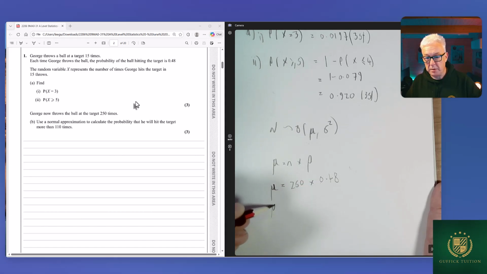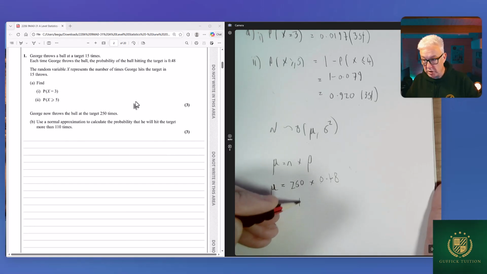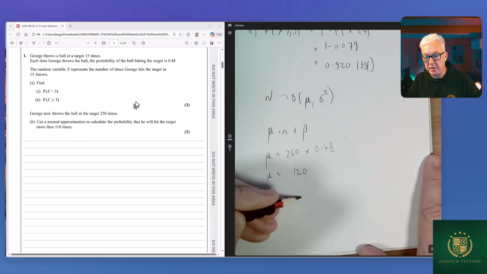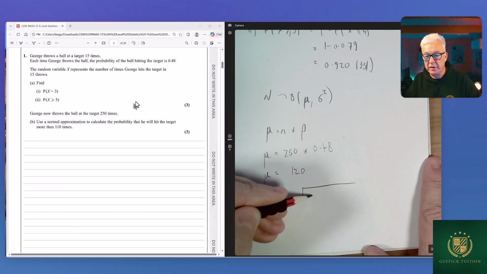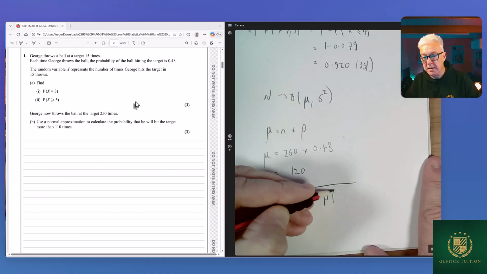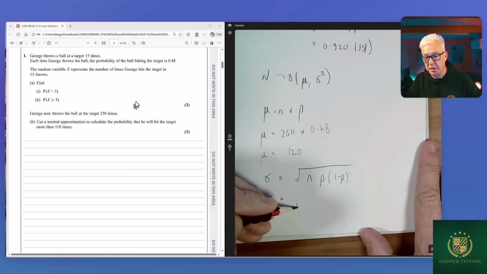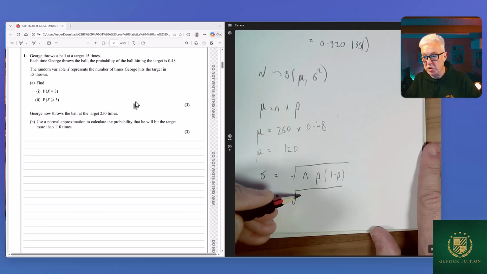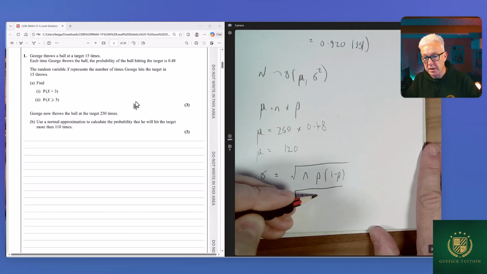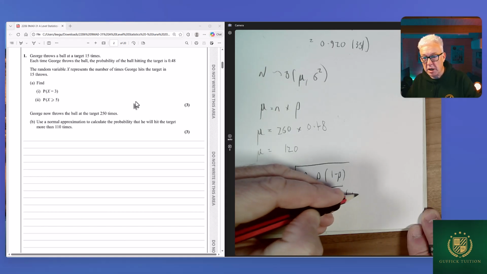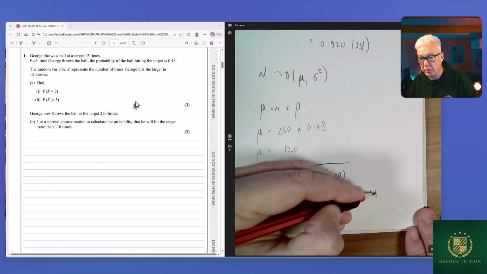Okay, so our mean is going to be approximately 250 times 0.48, which is going to be 120, and our standard deviation is given by the square root of n times p times 1 minus p. Okay, so that's how we work out our standard deviation. So that's going to be the square root of n, which is 250, times p, which is 0.48, times 1 minus p, which is 1 minus 0.48.